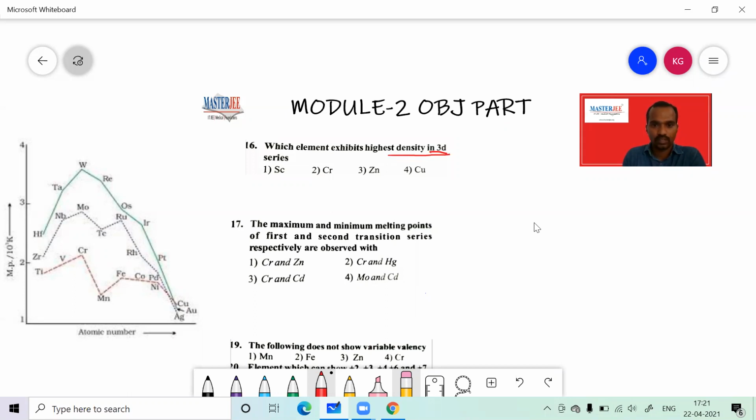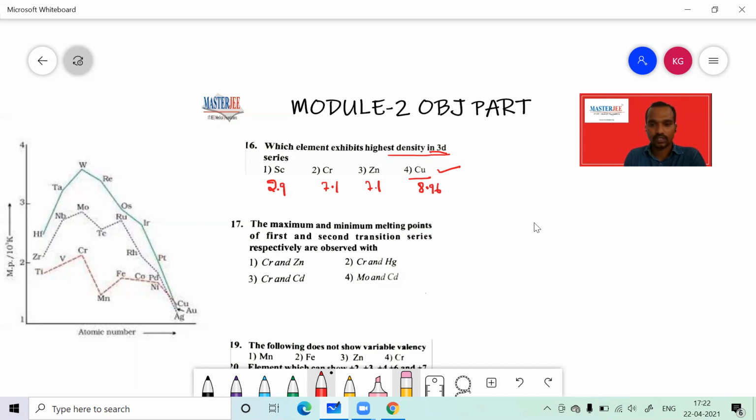We know in the 3D series, from scandium to copper, the density increases, and in zinc it decreases again. Scandium is 2.9, copper is 8.96, and these are 7.1, 7.1. So the highest density is exhibited by copper.